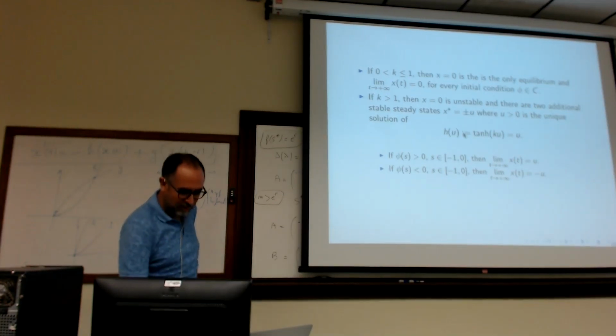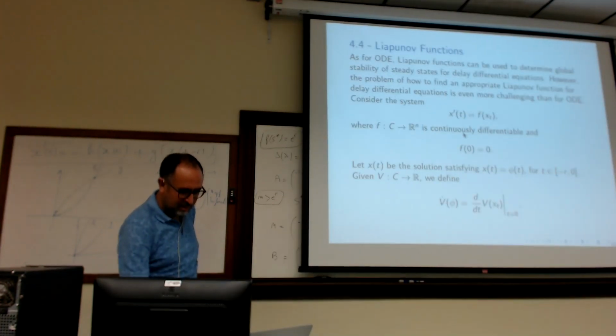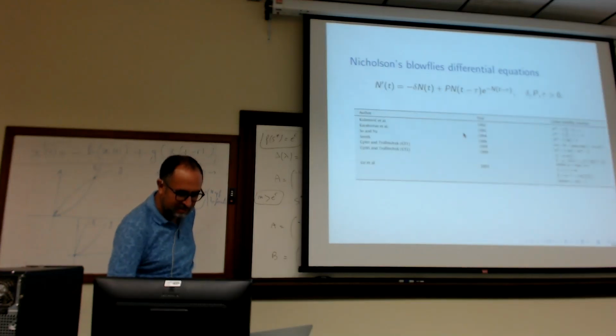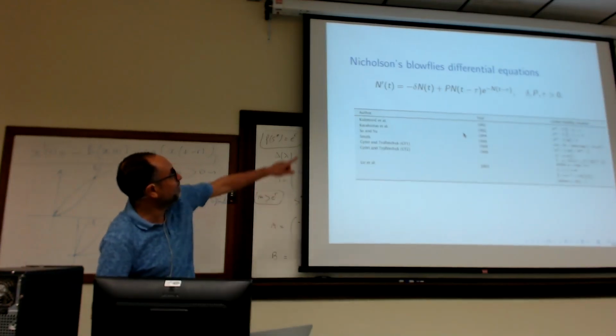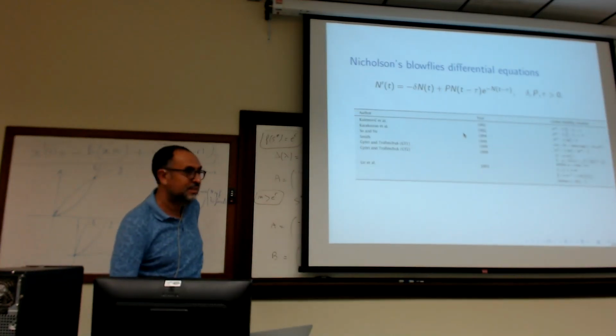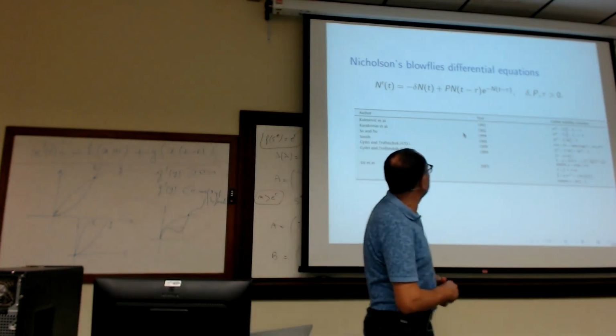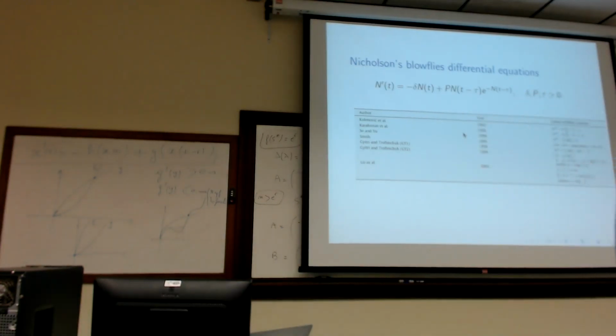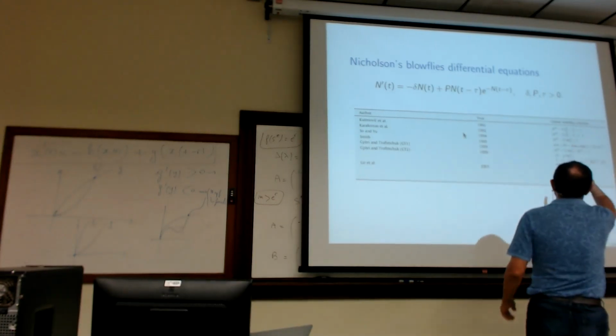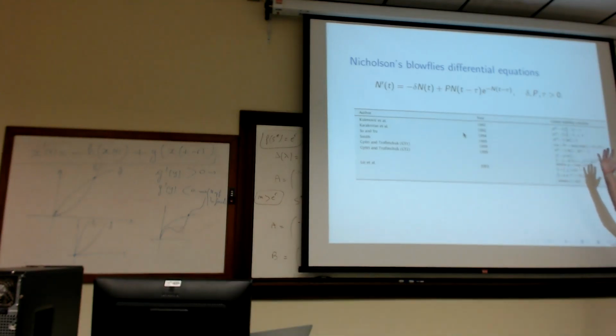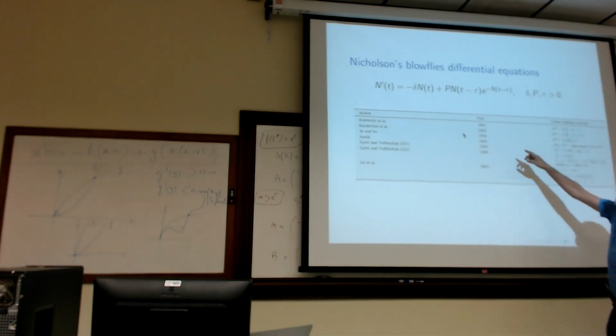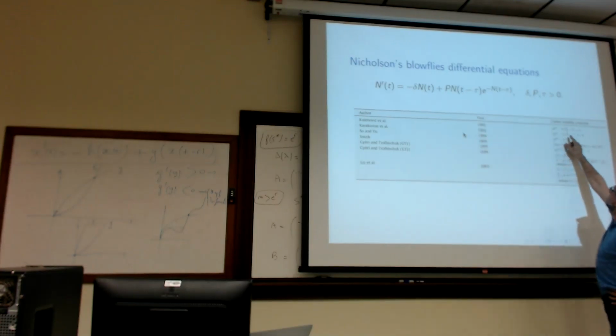This is one problem that, before that, I put this. It's only, you see this Nicholson-Blowfly differential equation. I don't know if you can see. This is the history of proving global stability. For example, in 1992, it was proved by Lyapunov function under this condition.